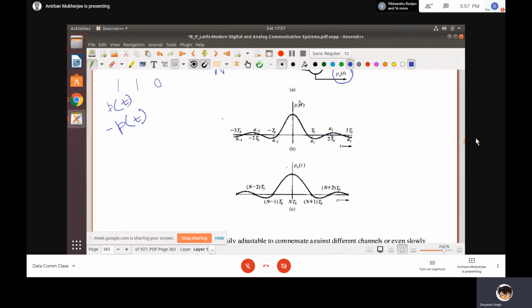Can you get from PR to P0T? No. Because finally here you have to make a 0 crossing point. So what I am doing: C0 PRT, C1 PRT minus capital T, C2 PRT minus 2T, and just trying to control C0, C1, C2, C3, all these terms, and C minus 1, C minus 2, so that I will get this out.